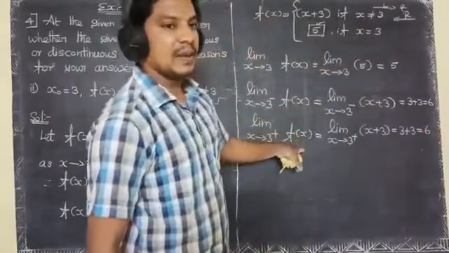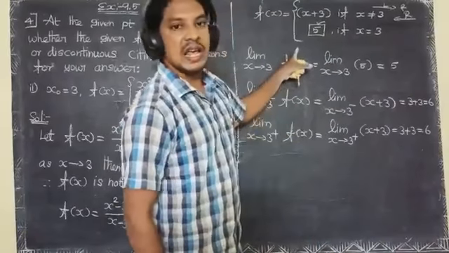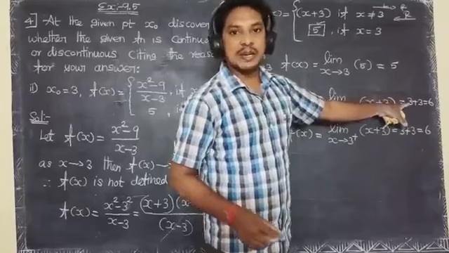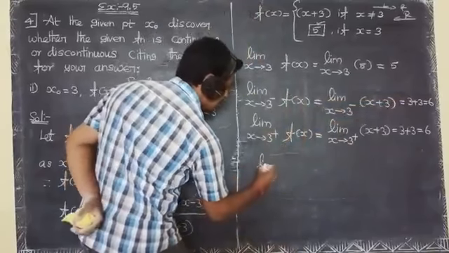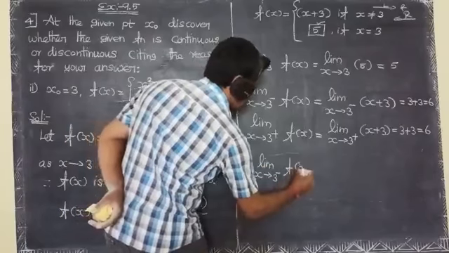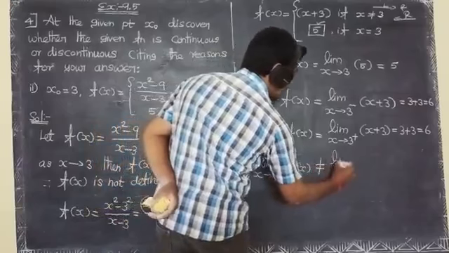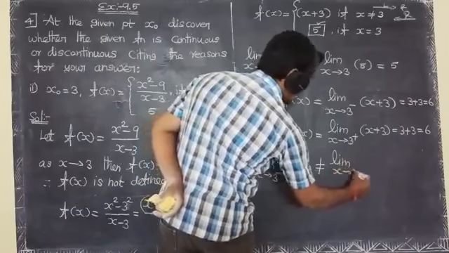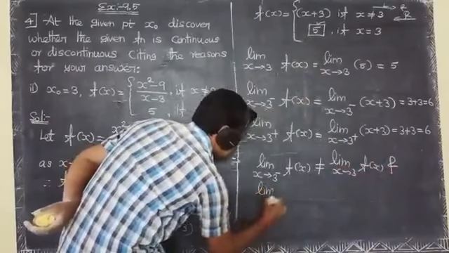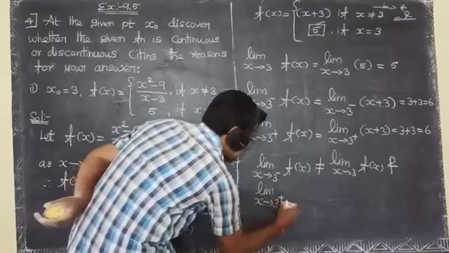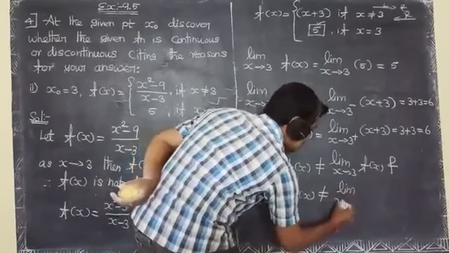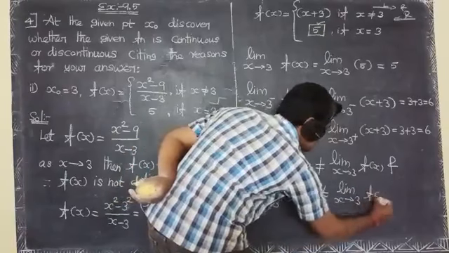Here the left and right limits are equal, but the function value is not equal to the left and right limits. That is, limit as x approaches 3 minus of f of x is not equal to f of 3, and limit as x approaches 3 plus of f of x is not equal to f of 3.